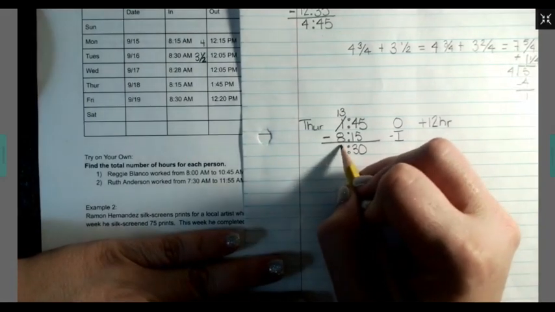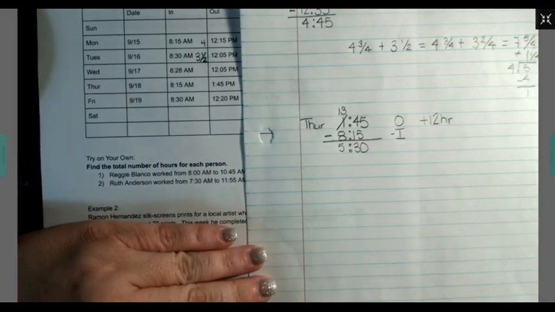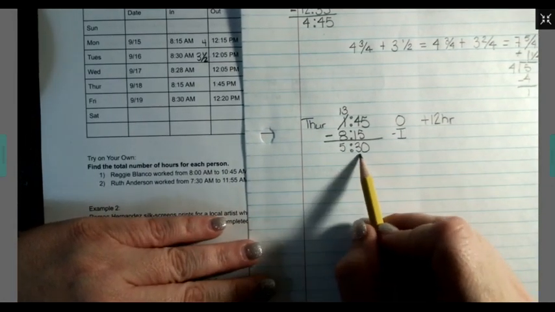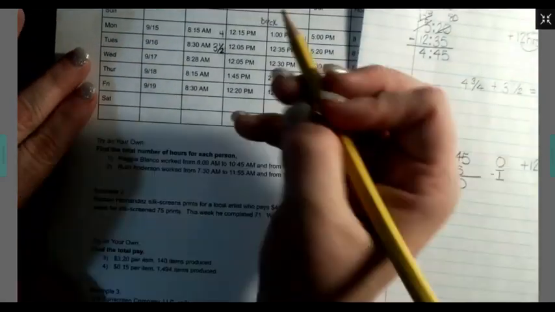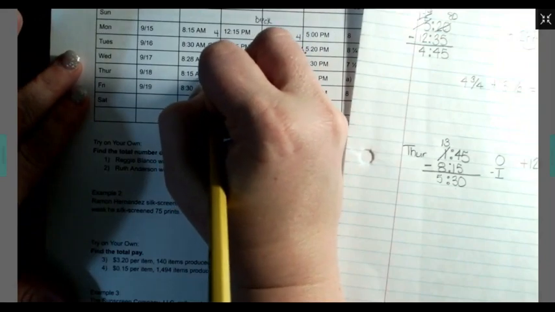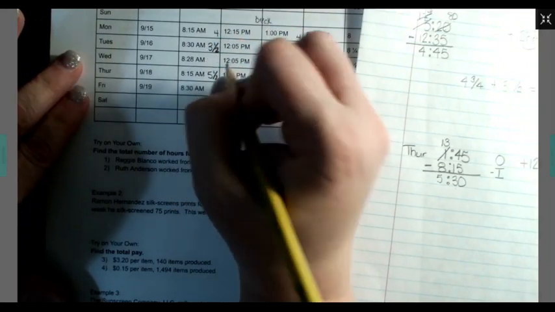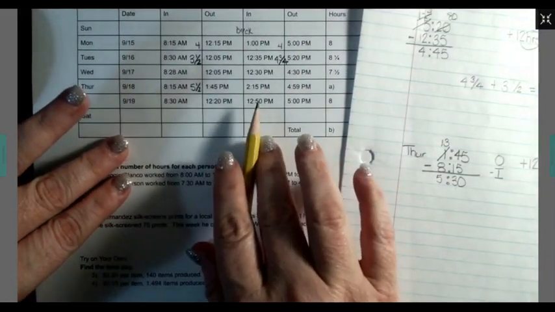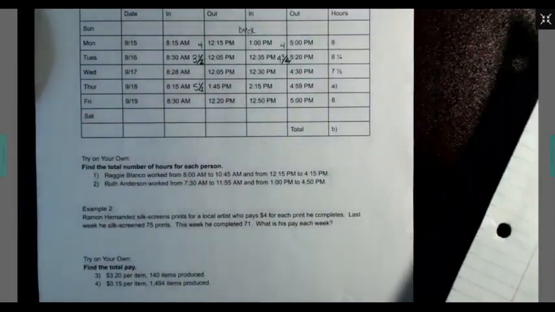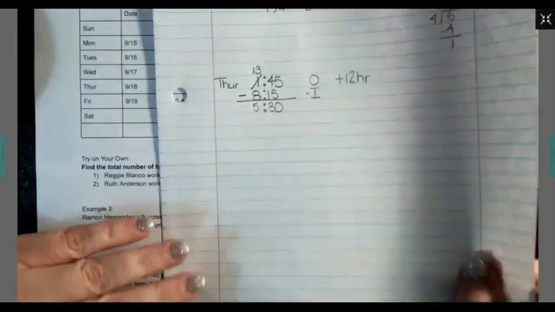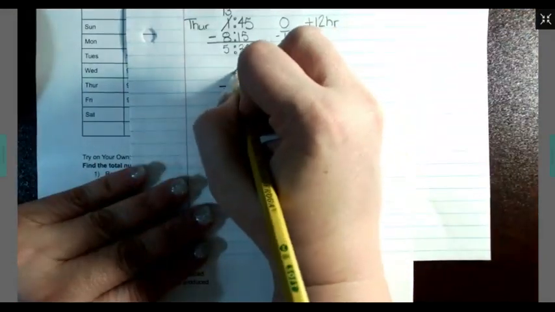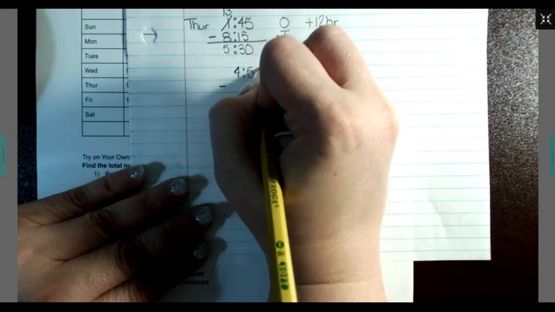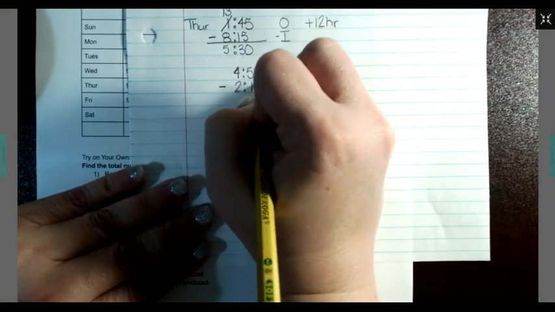Well, what is 13 minus 8? 5. So for the first half of the day, she works 5.5 hours, because remember, 30 minutes on our clock was half of the clock. So here we've got 5.5. Now let's look at this next one. 2:15 and 4:59. So remember, my out goes on top. So it's 4:59 minus 2:15.